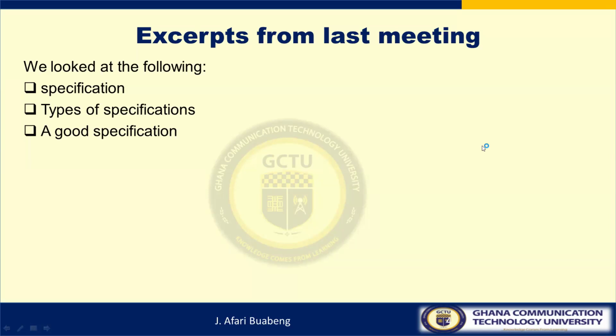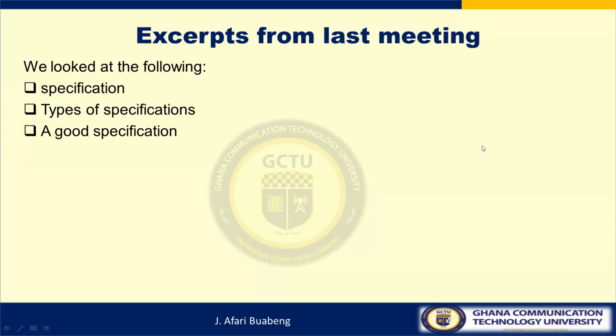what is expected of the provider or from the supplier. Okay, so you send the specification, and the specification communicates your expectation. And then the expectation is what the purchaser actually expects from the provider.